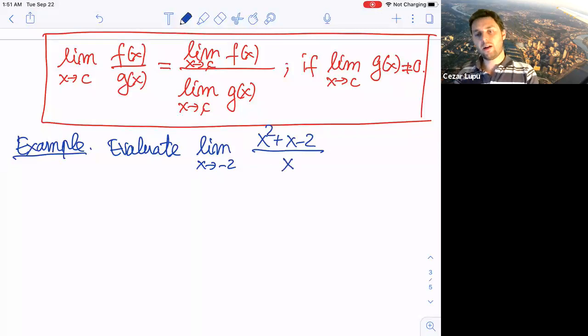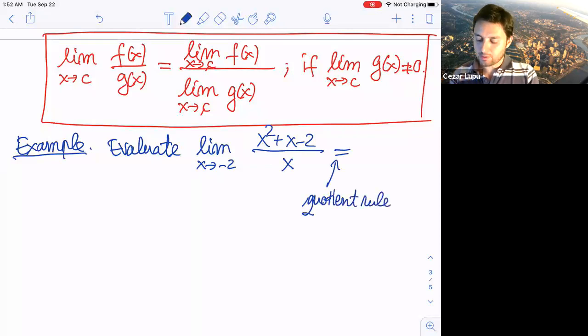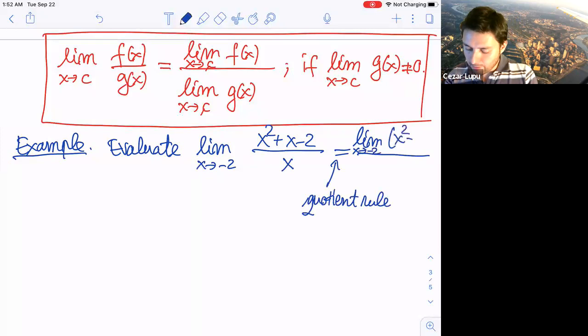You see I have the quotient of two functions here. So by applying the quotient rule, this will be nothing else than the limit as x approaches -2 of x squared plus x minus 2 over the limit as x approaches -2 of x.